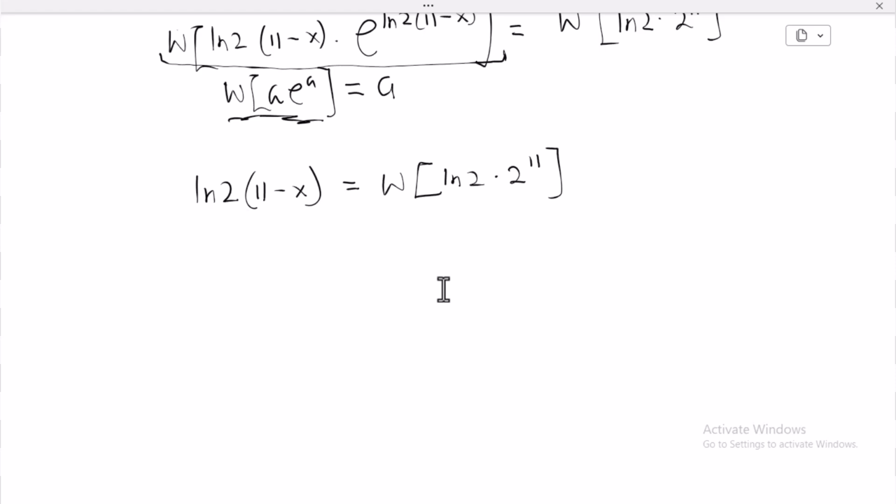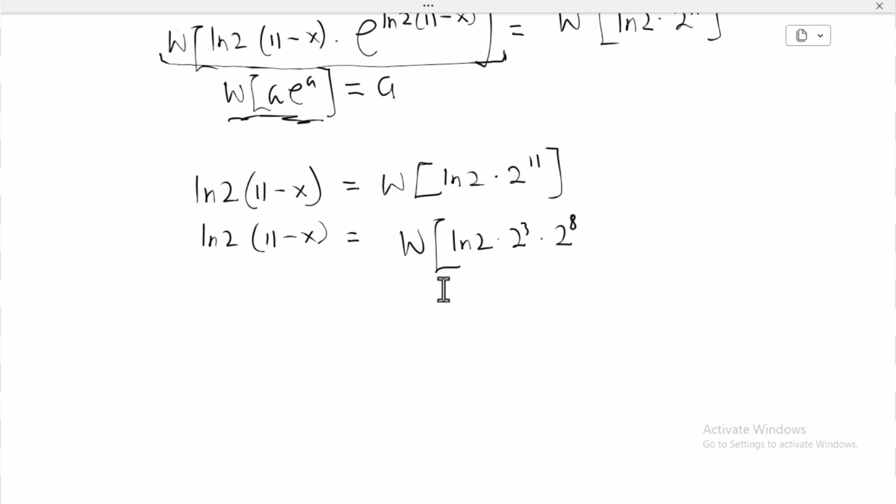Now over here, I'm going to focus on the right hand side. Okay, so we are going to have natural log of 2 multiplying 11 minus x to be equal to W Lambert's function of natural log of 2 multiplying 2 to the power 3 multiplying 2 to the power 8.